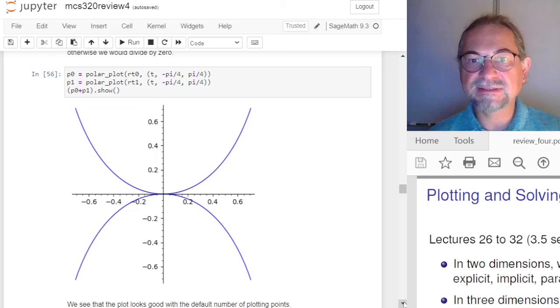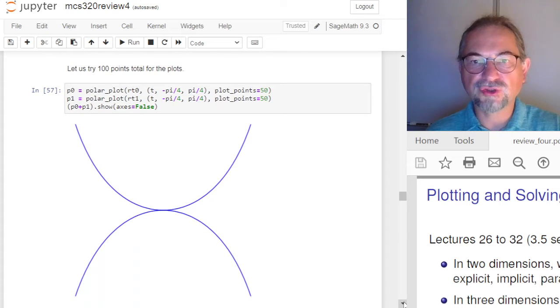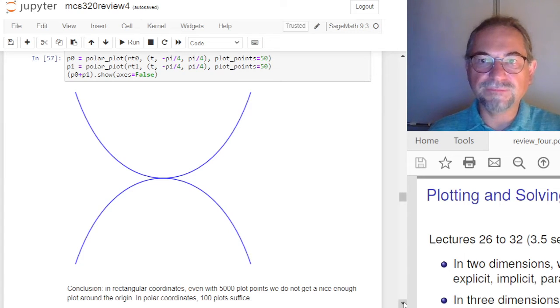And you see that this is now in the default number of points. It is looking very good around the origin. However, the coordinate axis blocks the view a little bit. So here I have the axis turned off, and I put the 50 points instead of the default number of points.